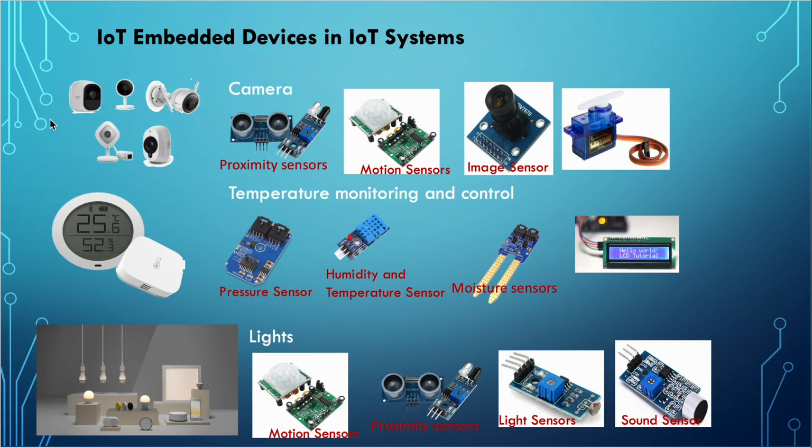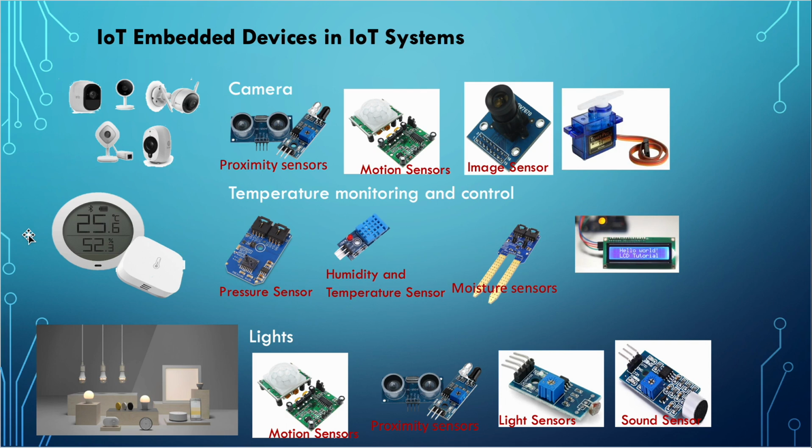You may remember we have seen all these examples, right? And what we are trying to see here is the IoT device, its application, and what are the sensors or actuators used to make that particular device.